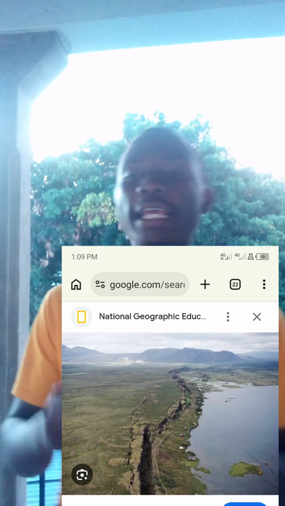Mangochi district is particularly interesting because it lies along the East African Rift System, which makes both internal and external forces very active here.